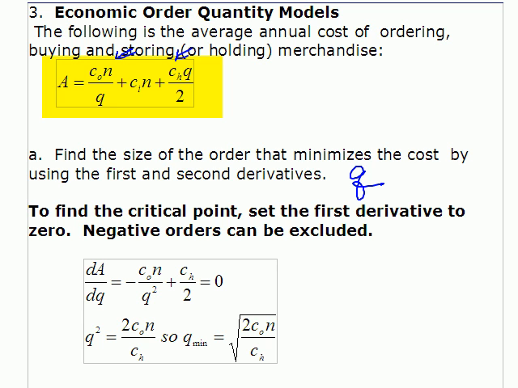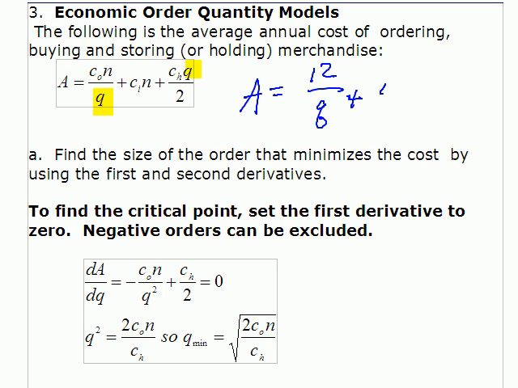So remember, I'm taking the derivative with respect to Q. There's a Q here, and there's one up here. Everything else is a constant. This thing could just as easily have been written like that.